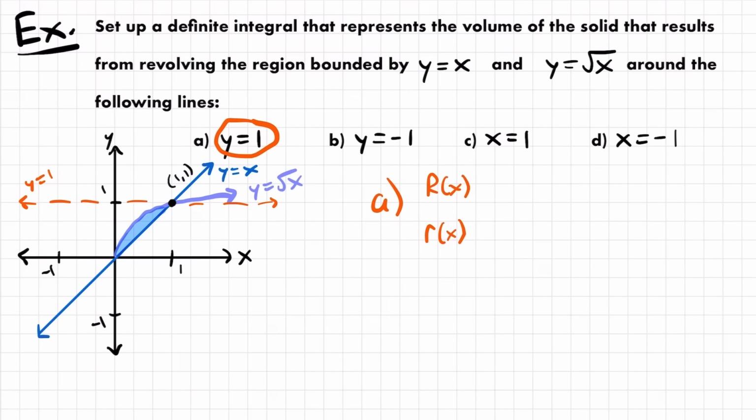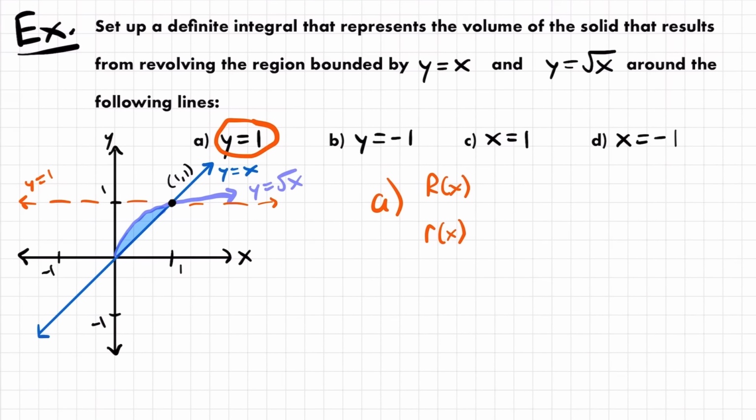But first, we need to determine which of the boundaries, or which of our functions, would be part of the outer and inner radius. And so let's start with the outer radius. That is going to use the function or the boundary that is the furthest away from our axis of revolution. And so if we're looking in terms of x, meaning we are looking in the up and down direction, the boundary that is the furthest away from the line that we are revolving around will be this line right here, y equals x.